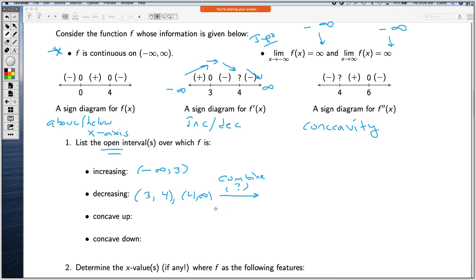So I'd have to ask, is x equals 4 in the domain? Well, I'm told that f is continuous on minus infinity to infinity, so 4 is in the domain. Also, 4 is an x-intercept. So I've got two different places that tell me 4 is totally fine in the original function. So I can combine these to 3 to infinity. Right? So you see why we can combine those intervals into one big open interval?